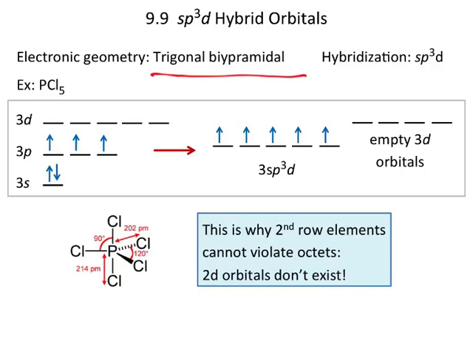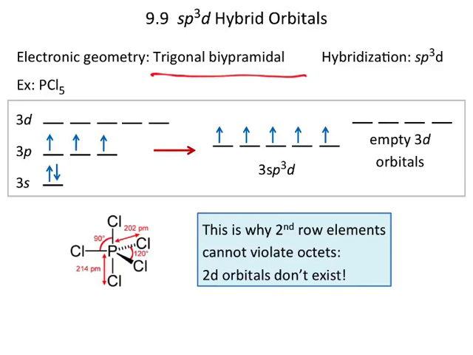So in this molecule, phosphorus has 5 valence electrons, and in the ground state they'd sit in the 3s and then the 3 different 3p orbitals. But as they currently sit, you can't make 5 different bonds because only 3 of these are unpaired. So what will happen here is the orbitals will hybridize and make these sp³d hybrid orbitals.